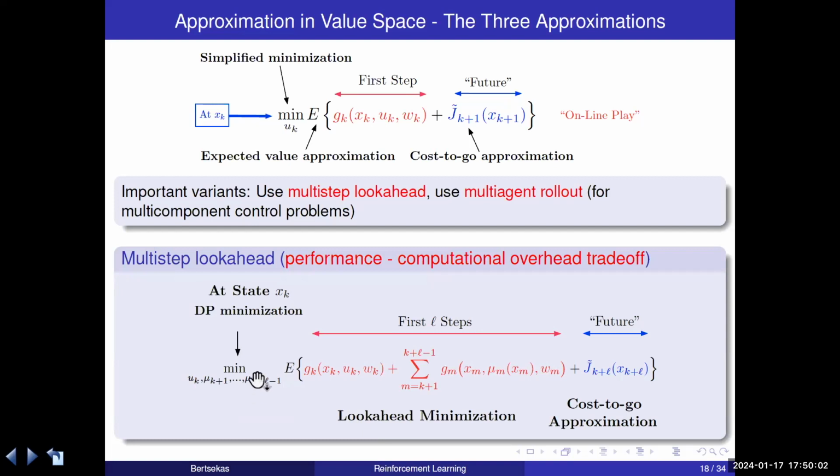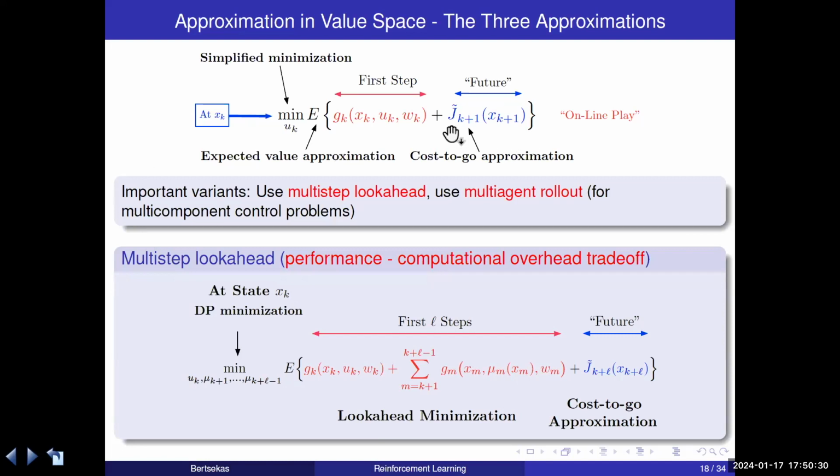I understand that the question is how to do minimization over uk and also the subsequent policies. I think that's the intention. Is this the question? Well, it's a dynamic programming problem involving this terminal cost and this cost per stage. So you do it by dynamic programming, except it's a smaller horizon.